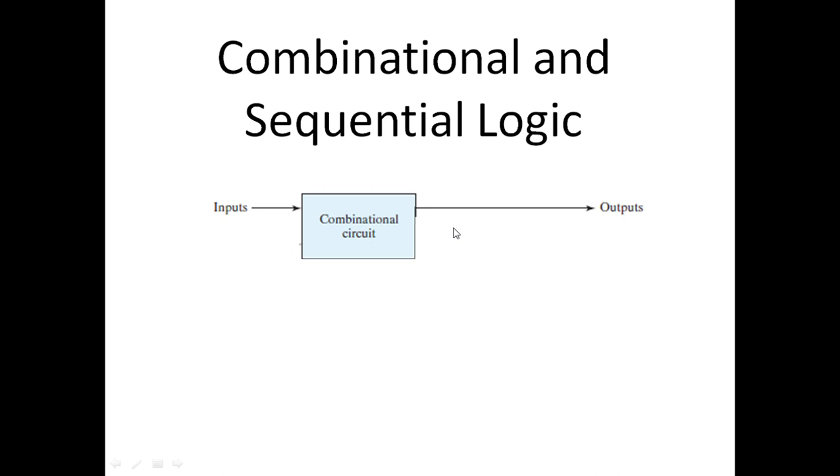The output at a particular time is a function of the input provided at that particular time, and it doesn't depend on anything else, just the inputs. So this is called combinational logic. A combinational circuit gets input and produces output at the same time, and the output is dependent only on the current input provided.